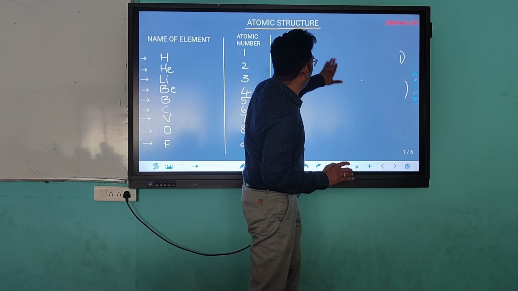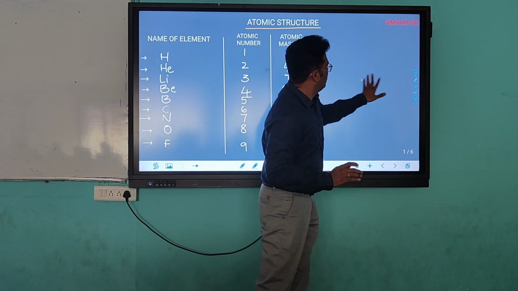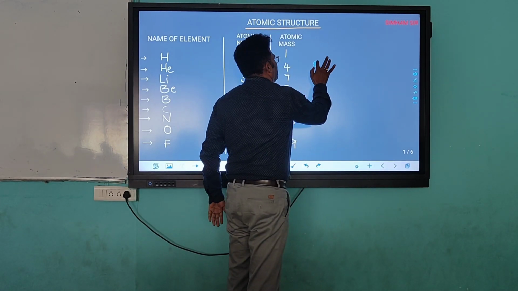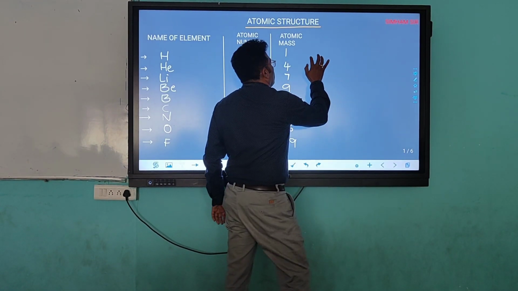So, the final conclusion of this atomic structure, see here: orbits.